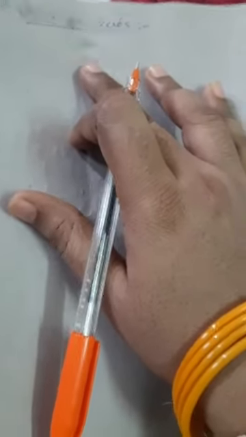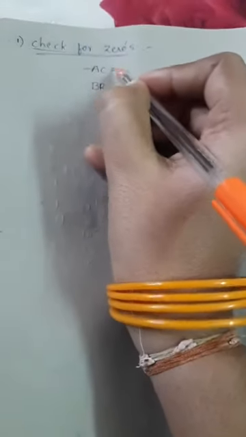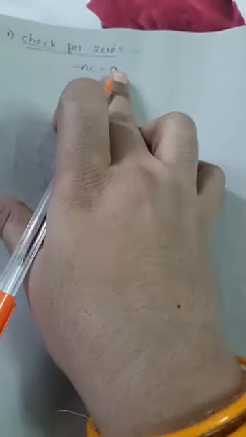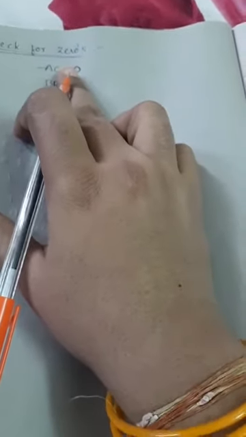Suppose the first number is 0. We are checking for zeros now. So what happens if the value is 0? Assume the first number is 0 as well as the second number is also 0.